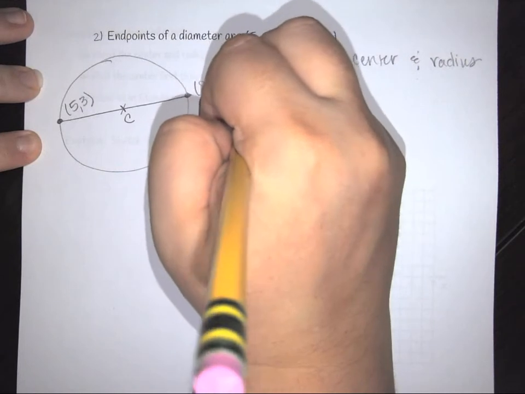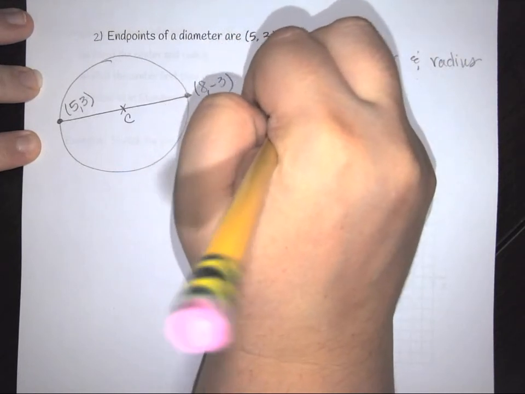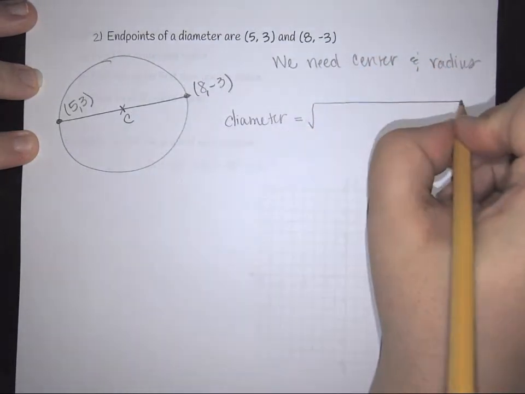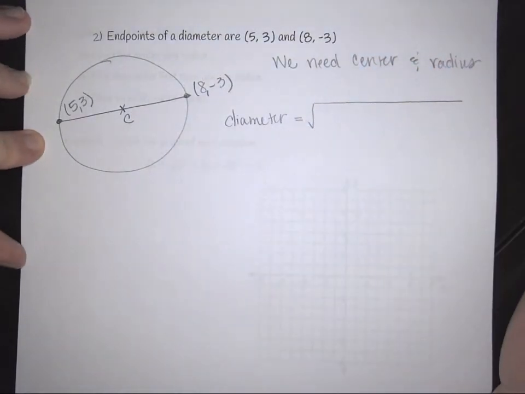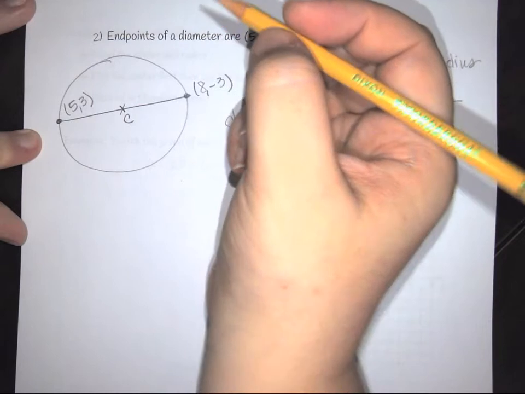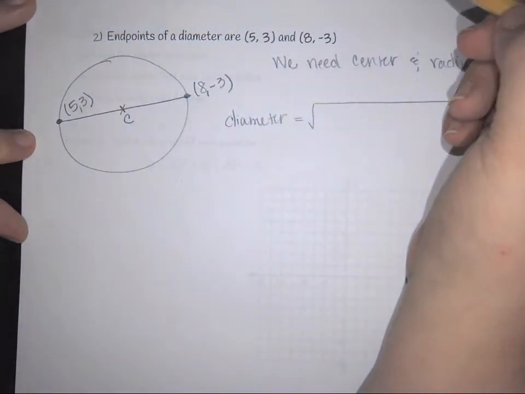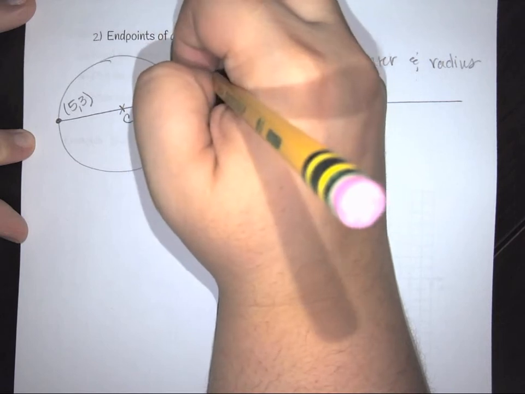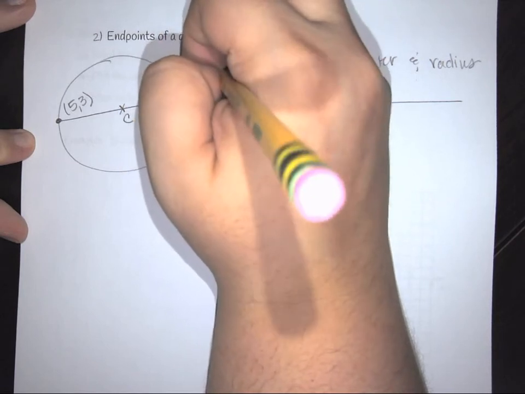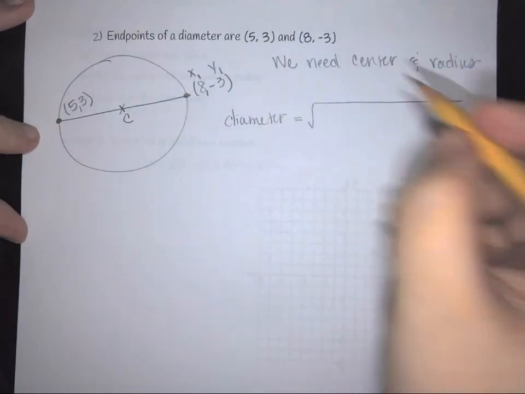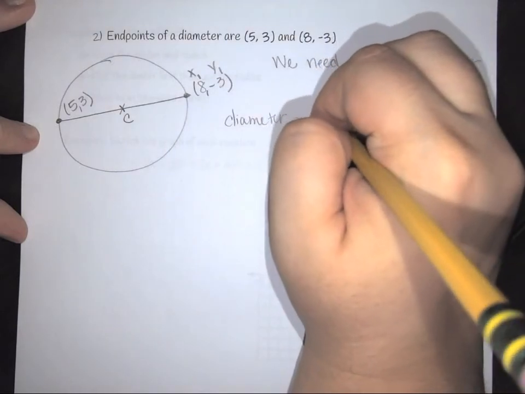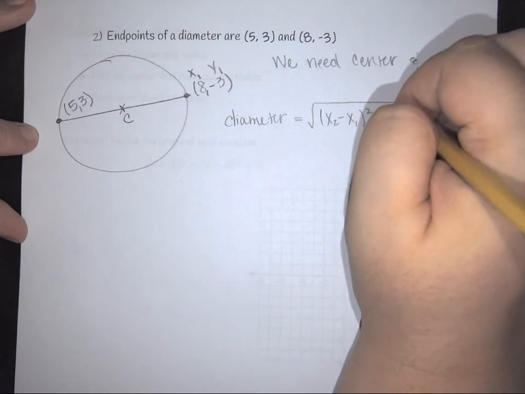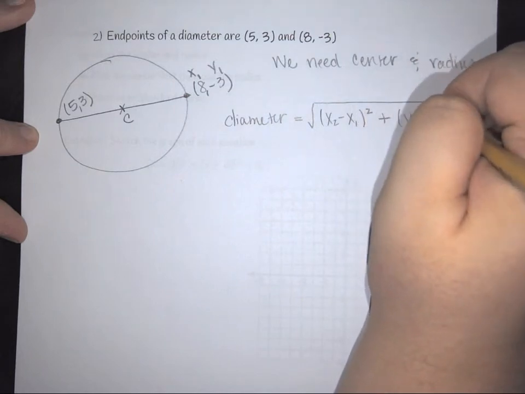So we need to start. The first thing that we are going to find is the diameter of my circle. And we're going to find that using the distance formula. So again, we have x1, y1, x2, y2. So we have the square root of (x2 minus x1) squared plus (y2 minus y1) squared.